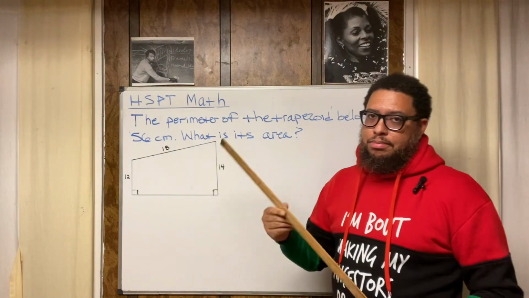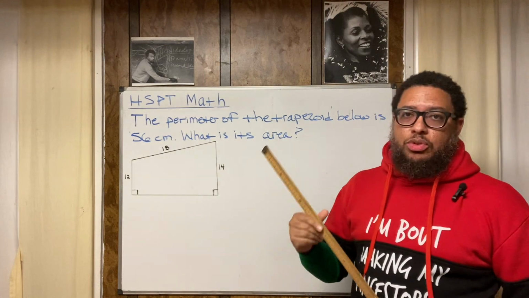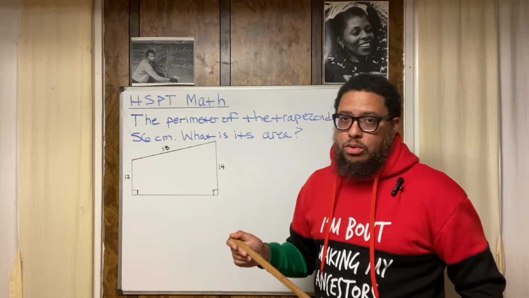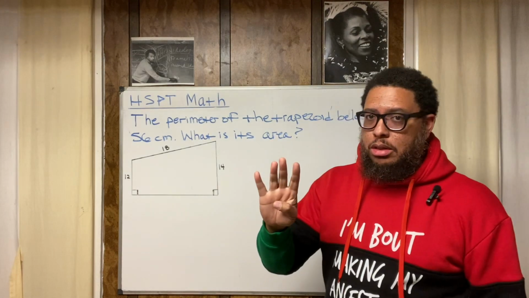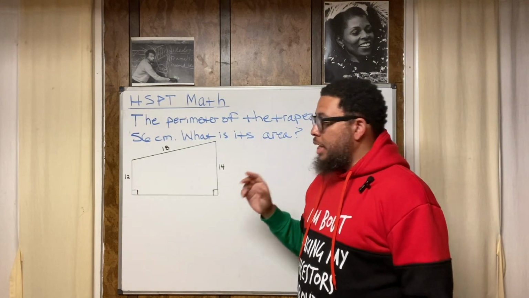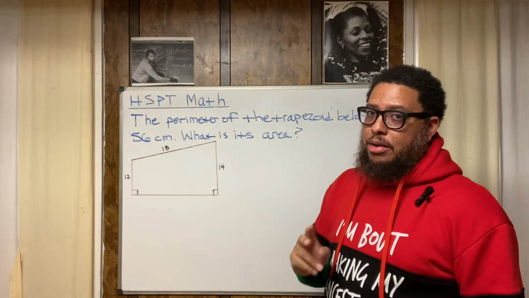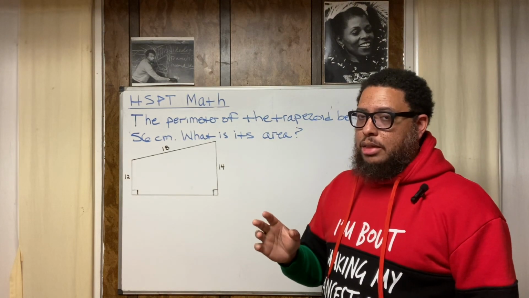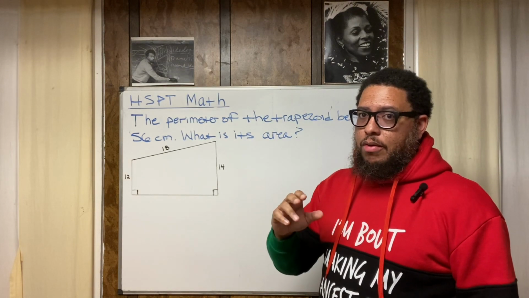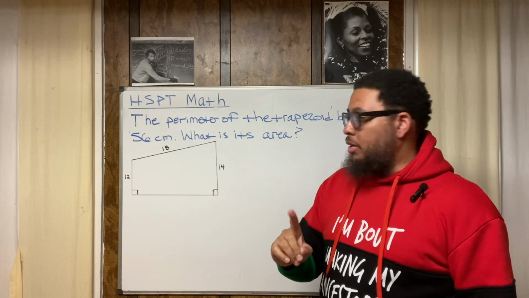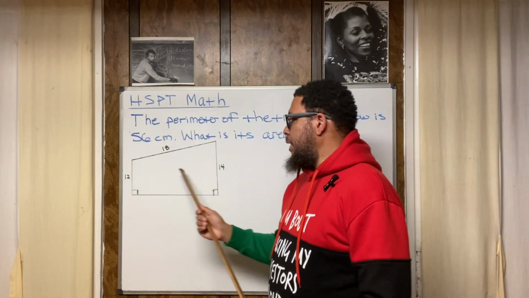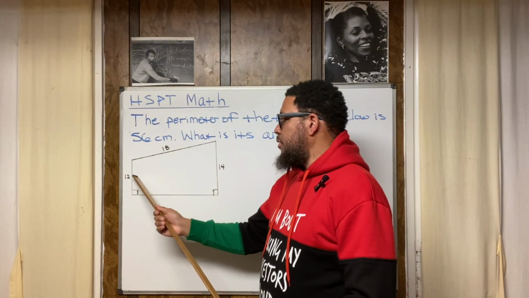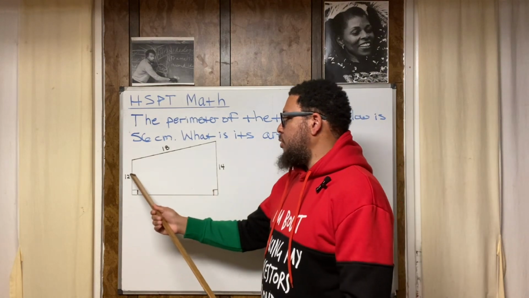Also, what is a trapezoid? A trapezoid is a quadrilateral, and a quadrilateral is a polygon that has four sides. It's a quadrilateral that has exactly one pair of parallel sides, not two pairs. That would be a rectangle or a square. So in this particular trapezoid, this side and this side are parallel to each other.